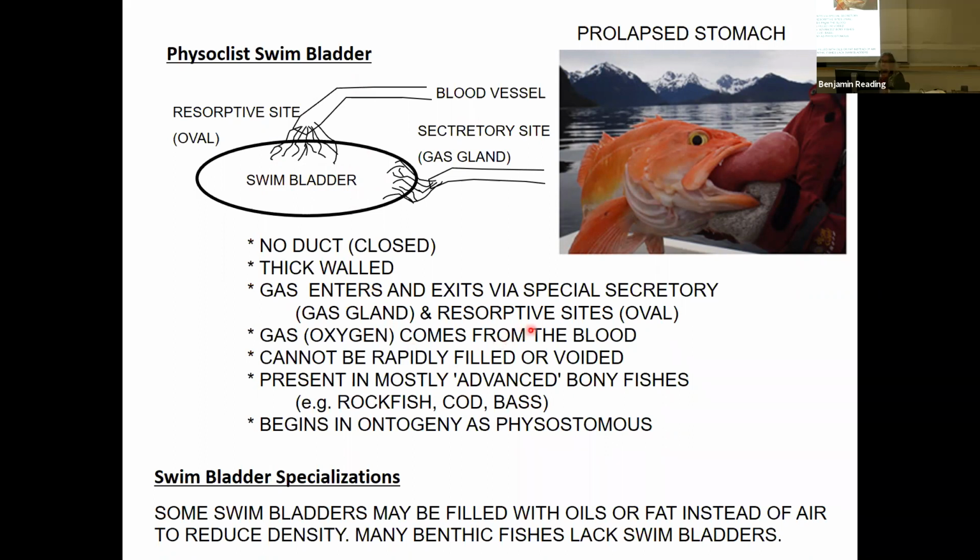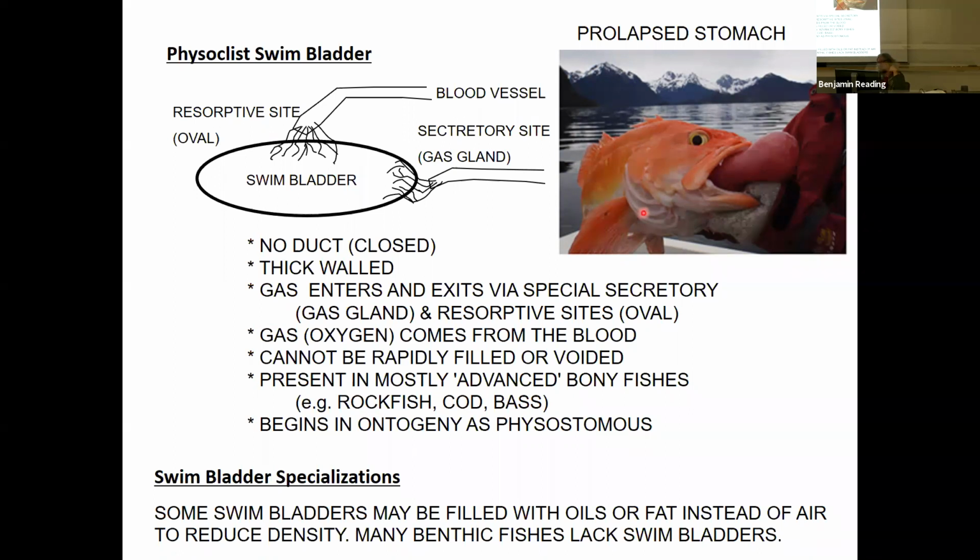And so what happens is as a fish gets into less deep water, that swim bladder expands rapidly and can literally push all the guts out of the mouth of the fish. And so physoclistous swim bladders are often found in more derived fishes, such as rockfish, cods, and basses, and also fishes that live in the deep sea, ones, again, that are not going to swim all the way to the surface just to fill a swim bladder.